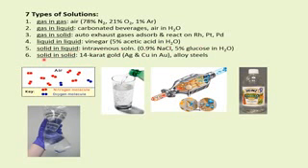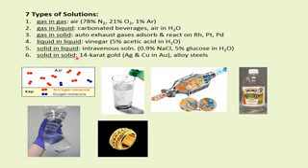There are, in fact, solid in solid solutions, such as gold jewelry. Now, pure gold is too soft to be used directly as jewelry, but when alloyed with silver and copper together, we get 14 karat gold, and it's still quite suitable as a jewelry material, but a little more durable, that is harder. That's a solid in solid solution.